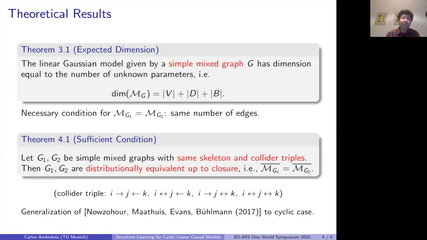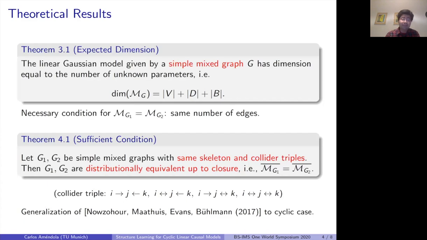Note that in particular this means that if 2 graphs induce the same linear Gaussian model, in which case we call them distributional equivalent, they must have the same total edge count. In other words, the expected dimension theorem provides a necessary condition for distributional equivalence. Namely, 2 equivalent graphs must have the same number of edges.